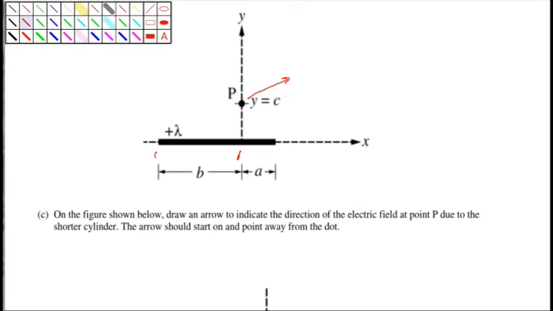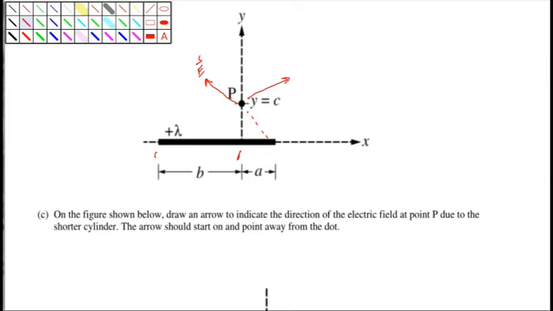And then the charge to the right of point P also creates a field pointing away from the cylinder and to the left. So points over here would actually cause some E field in this direction.